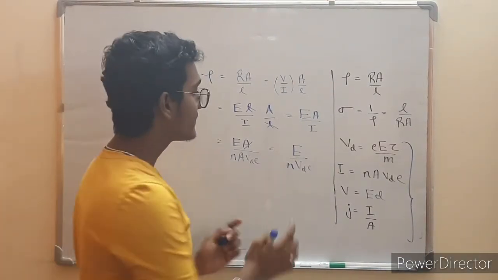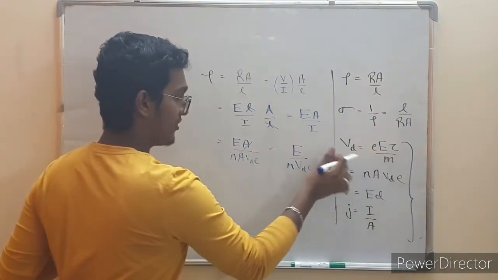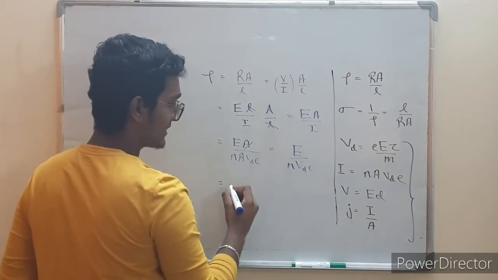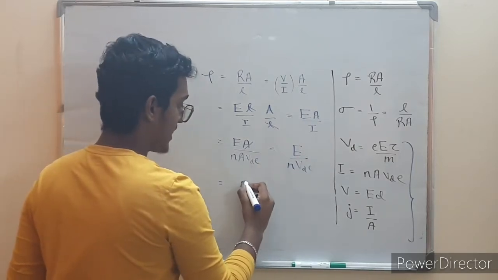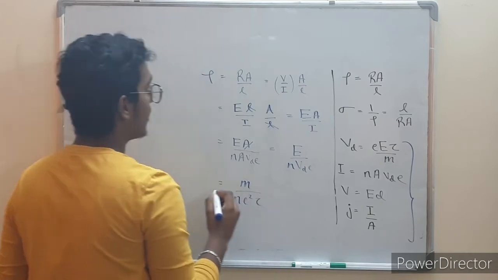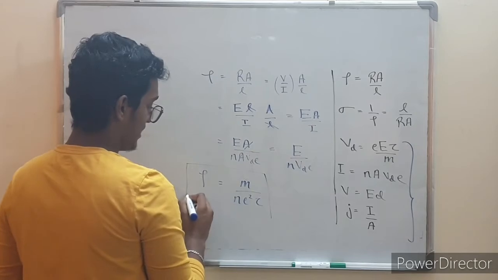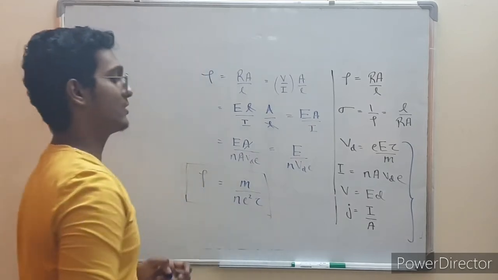But if they haven't, we need to substitute for v_d as well. When you substitute for v_d over here, the electric field gets cancelled off and you have the final answer as m divided by n e squared tau. This is the resistivity in terms of the drift velocity of the electrons.